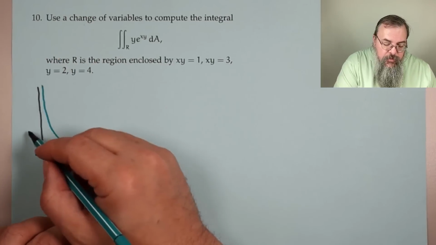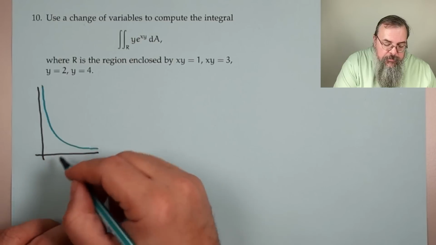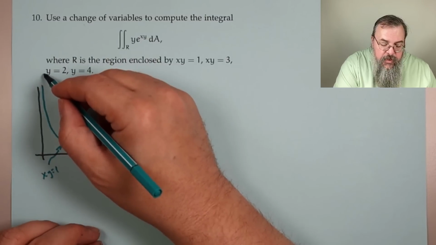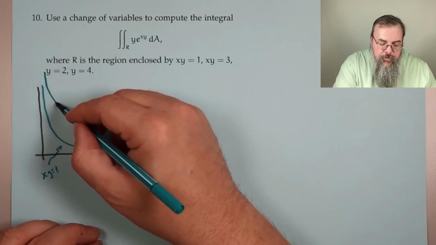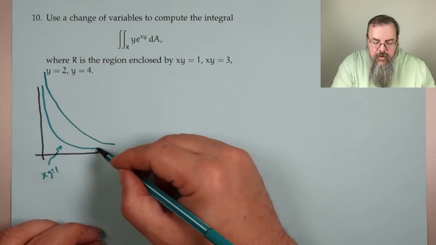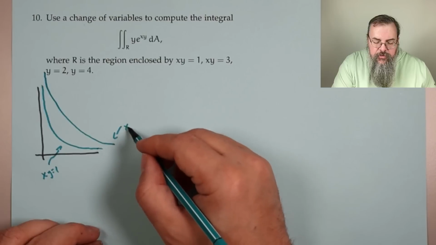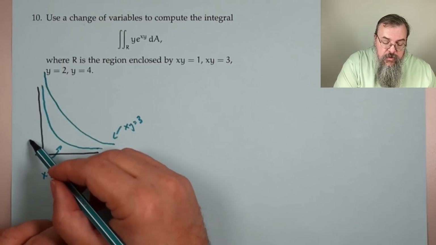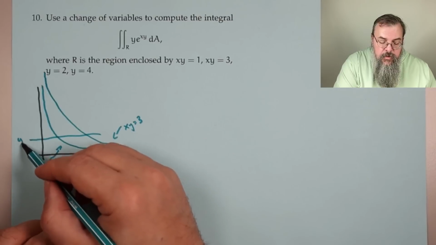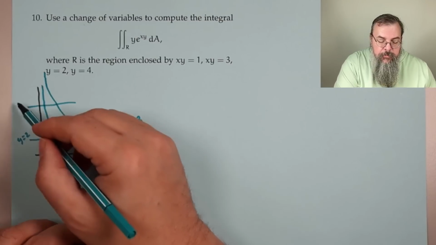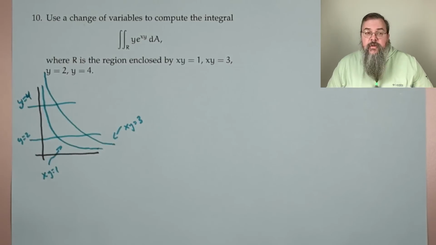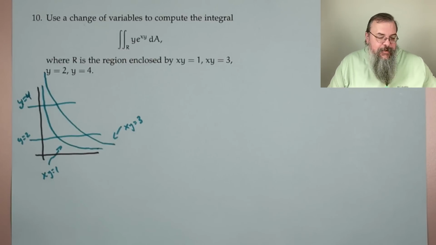So this, we'll say here, is xy equals 1. xy equals 3 will look like this. And so here's our xy equals 3. And then we have y equals 2 and y equals 4. It doesn't have to be super precise, but that's a reasonable image. So it's a rectangle-ish kind of thing.